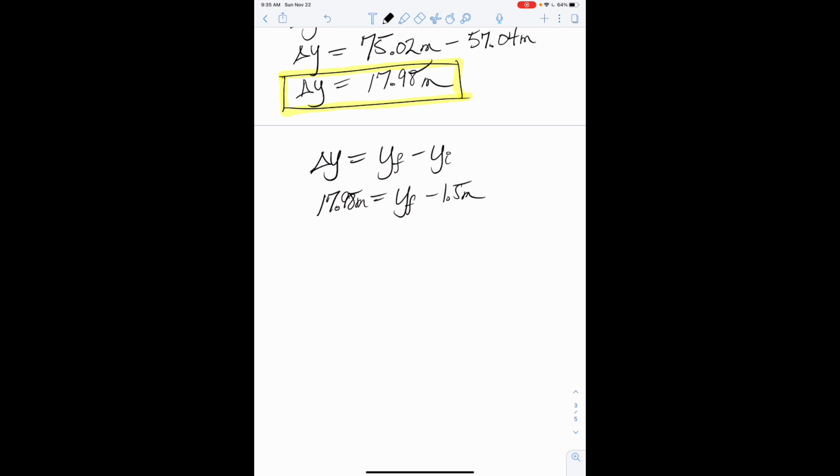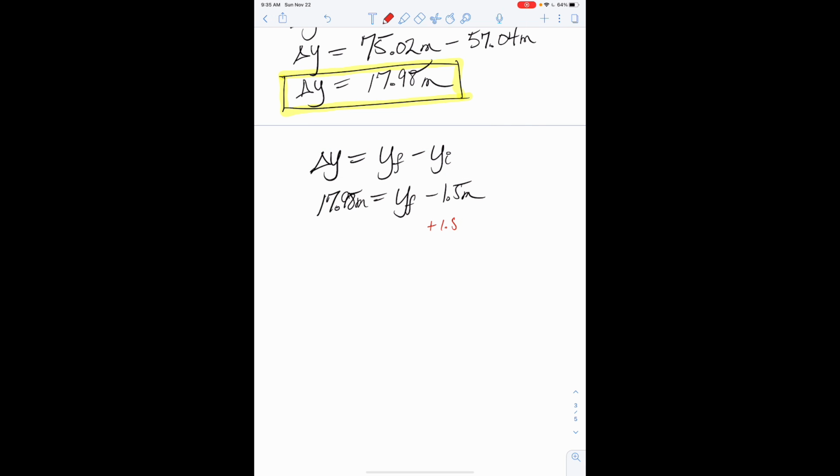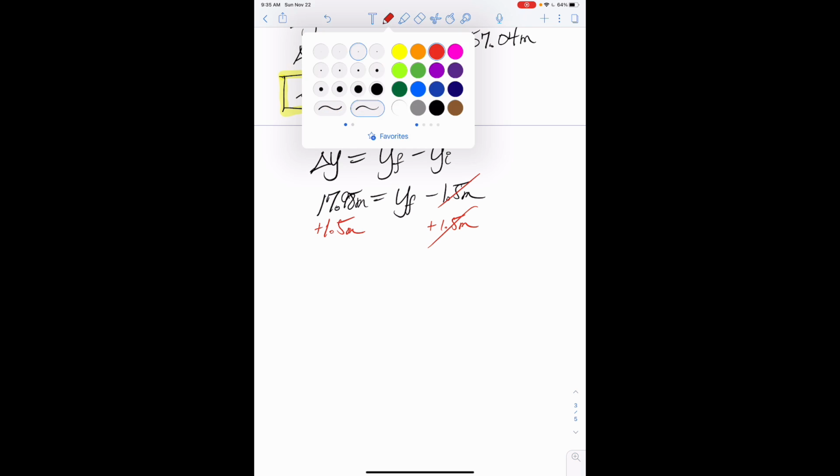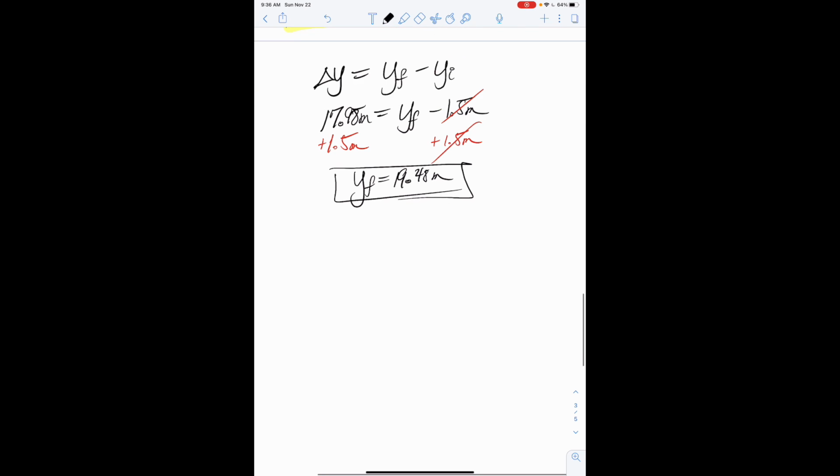We'll add 1.5 to both sides. Just doing a little algebra here. And we'll go ahead and get yf is equal to 19.48 meters. Another way to look at that would be in your K2 formula.